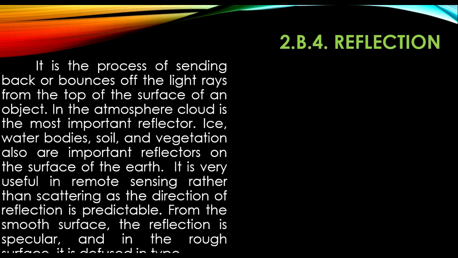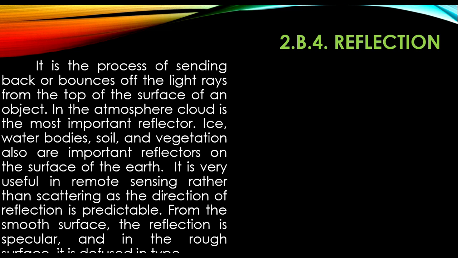Here is reflection. It is the process of sending back or bouncing off of a light ray from the top of the surface of an object. In the atmosphere, cloud is the most important reflector. Ice, water bodies, soil and vegetation are also important reflectors on the surface of the earth.